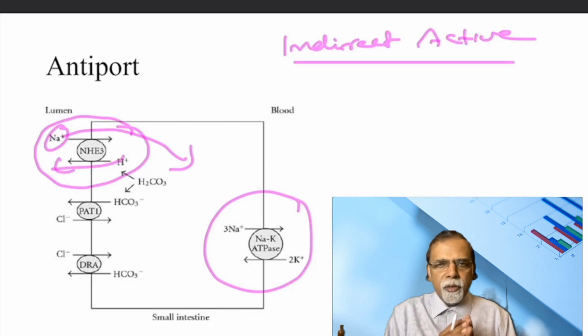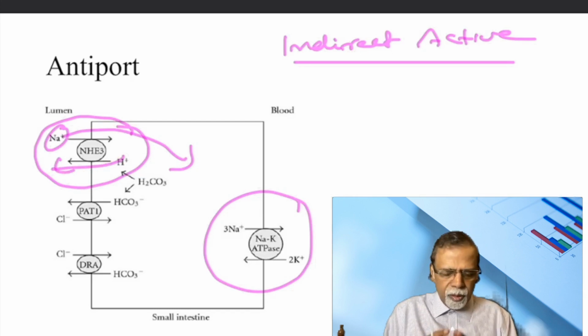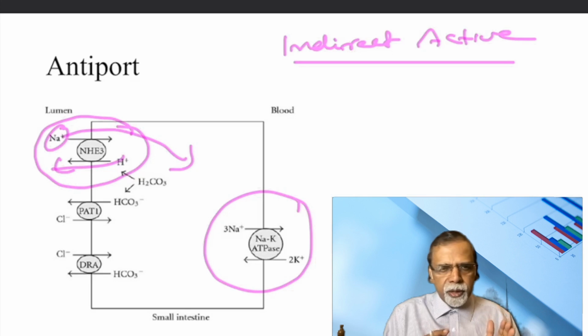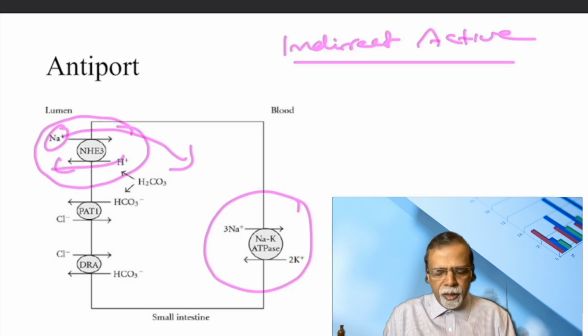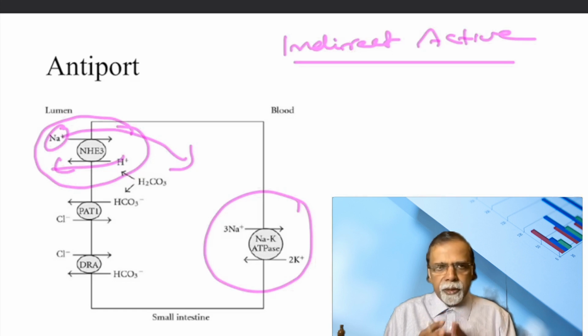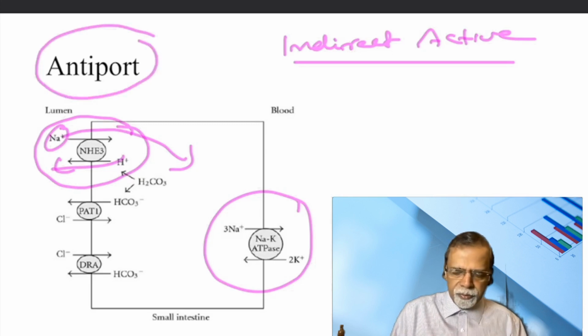So this is an example of an antiport. Sodium is moving because of the concentration gradient, higher outside and lesser inside, and this gradient is maintained because of ATP, the sodium-potassium pump. That is why it is called an indirect active transport and is an example of an antiport.